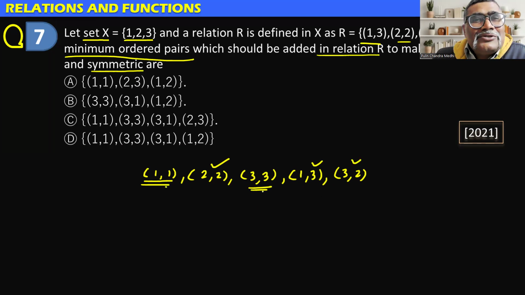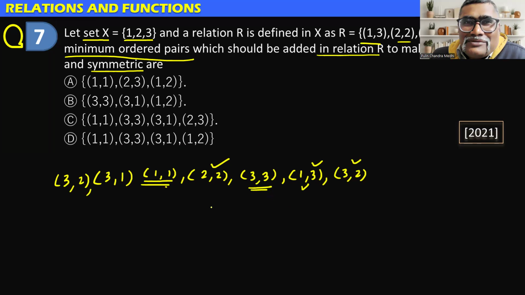I have added these two. Is it making it symmetric? Just see, because they are only asking about reflexive and symmetric. Reflexive is done. Now, is it making symmetric? See, it is not making symmetric because (1, 3) is there, (3, 1) is not there. That means you have to add (3, 1) and you have to add (3, 2).